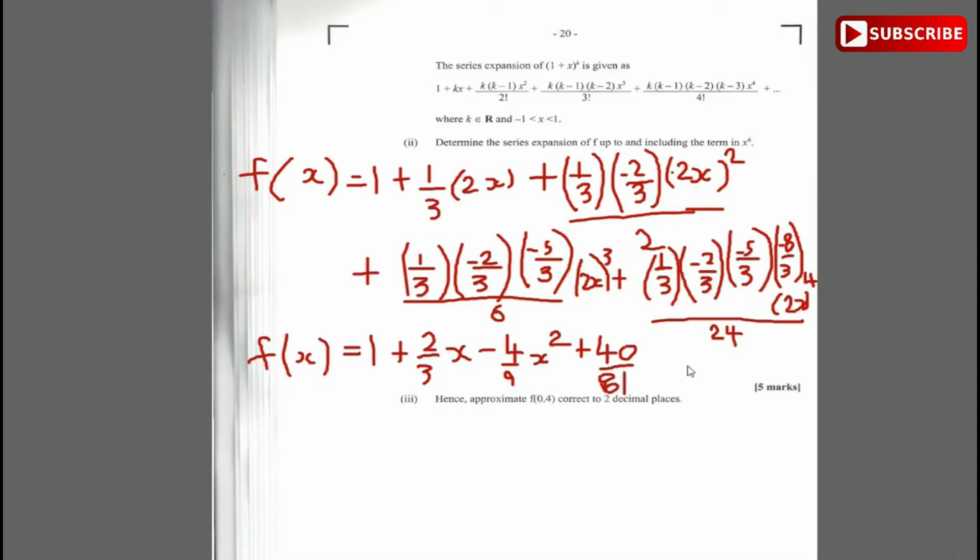Then finally we work out this last part, which is 1 over 3 times minus 2 over 3 times minus 5 over 3 times minus 8 over 3 times 2 raised to the fourth power divided by 24, and that's minus 160 over 243 x to the 4.